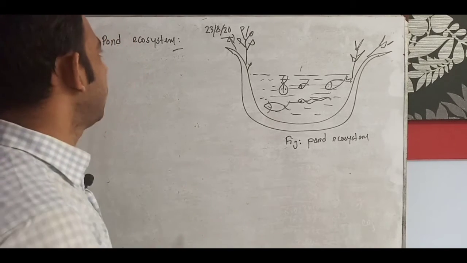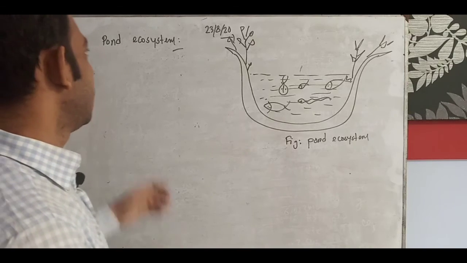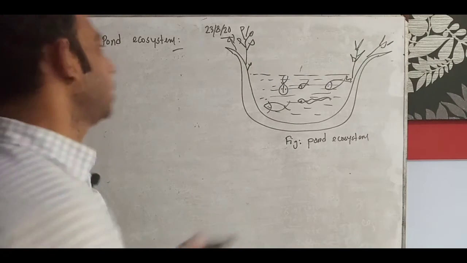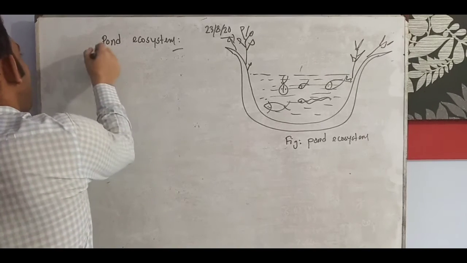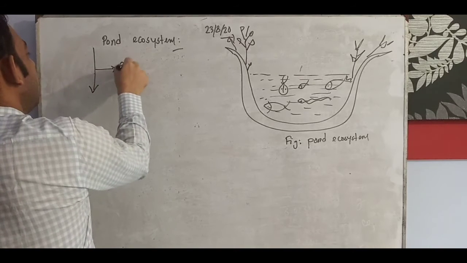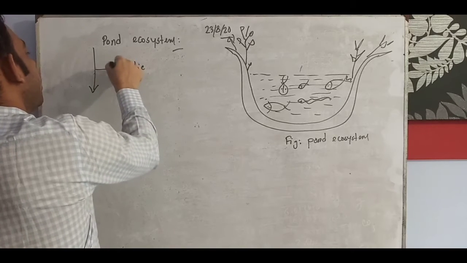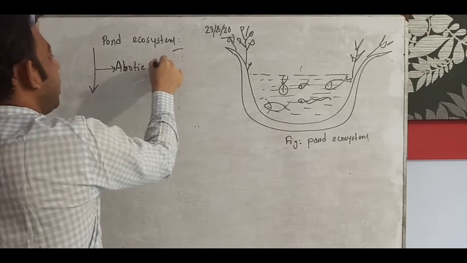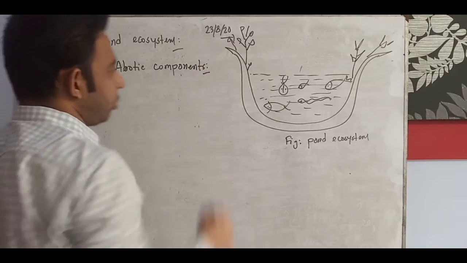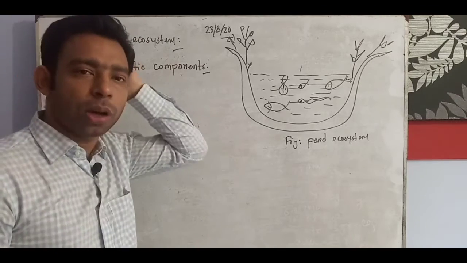Now I want to say how we can explain. I told you that the ecosystem has a biotic component and an abiotic component. There are two kinds. At first you can write the abiotic component. In the last class I told you, please follow my last class, in which way I explained that.